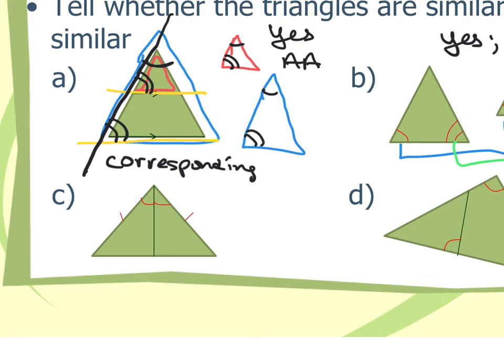Let's look at this triangle as a whole and not split it up at first. As a whole, this is actually an isosceles triangle, and I can use my base angles theorem and state that these two angles at the bottom are congruent.